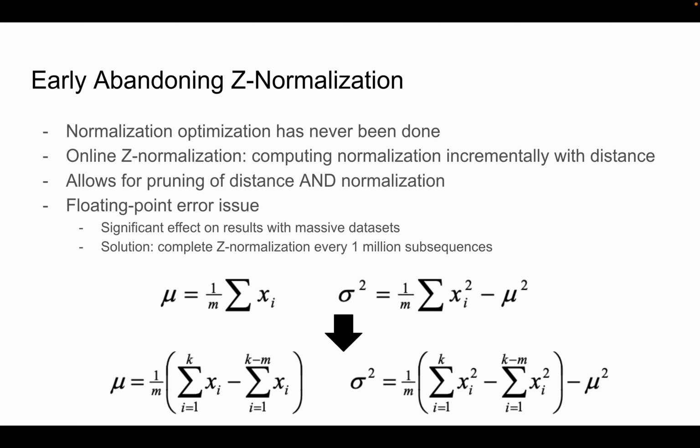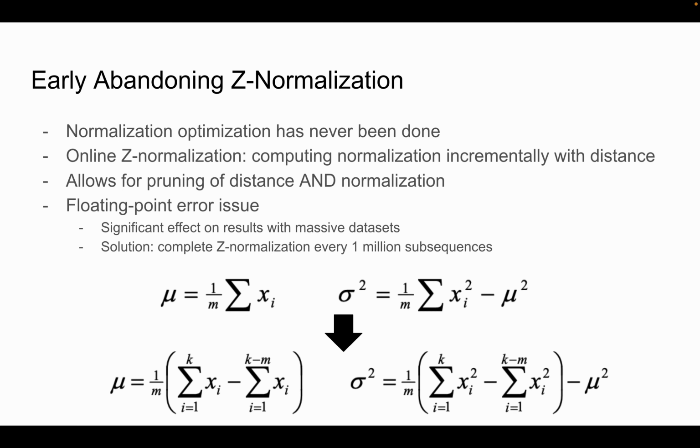By maintaining the statistics in this manner, there is the risk of floating point error accumulating to the point of affecting results. This is an issue for two reasons. One, since the sum of squares is computed for the standard deviation, all resulting numbers are positive, making the accumulated floating point error more extreme. And two, all research so far has only dealt with millions of data points, which allow this issue to be insignificant when comparing results.